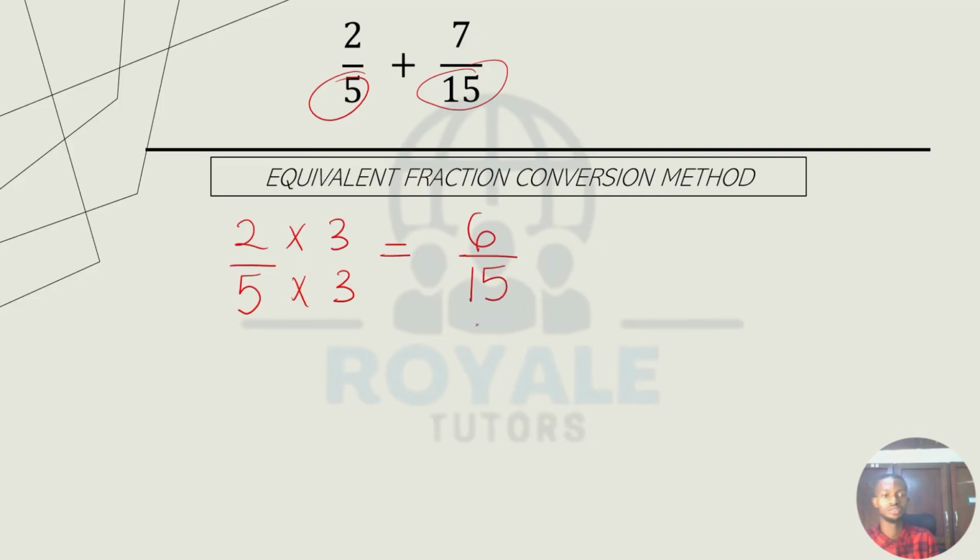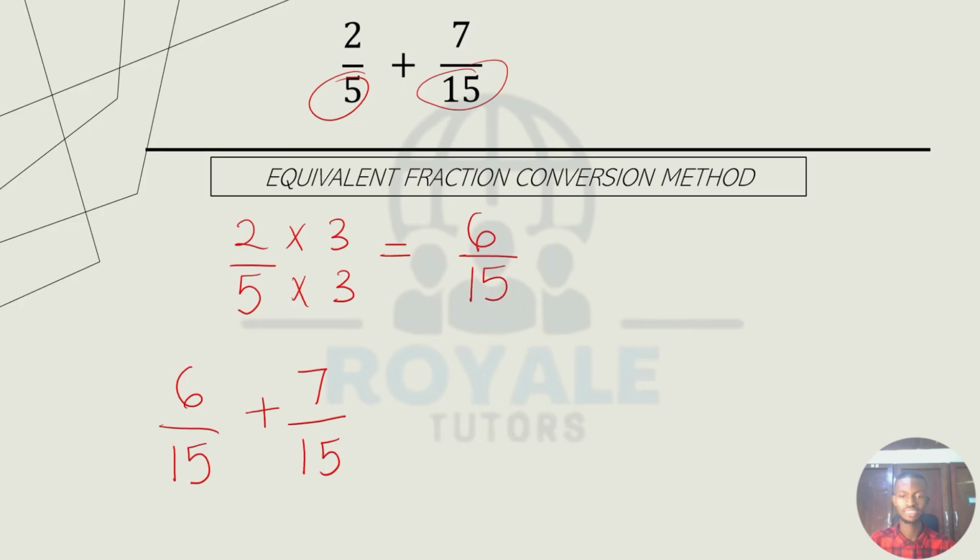over 15. Now that we have 6 over 15 as the equivalent fraction that has the same denominator as the other fraction, we now have it as 6 over 15 plus 7 over 15. Now they are like fractions. And now that they are like fractions, what do we do?